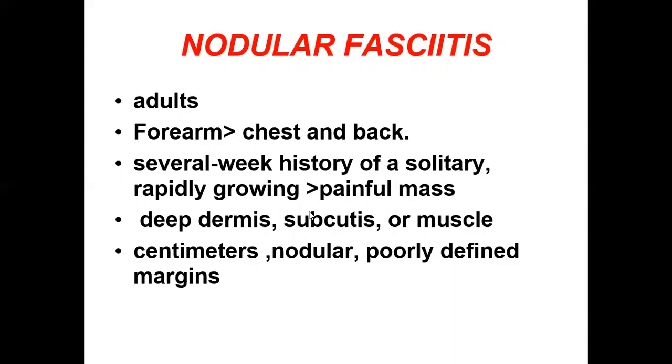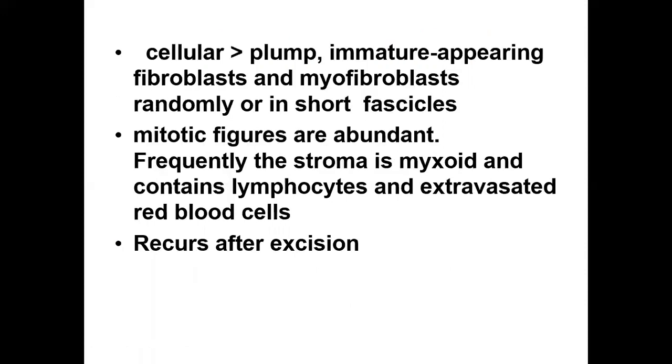And nodular fasciitis is situated in the deep dermis or subcutis, or sometimes in the muscle, and may be many centimeters in diameter. They are nodular with poorly defined margins. Under the microscope, they are very cellular, with a collection of plump, immature-appearing fibroblasts and myofibroblasts.